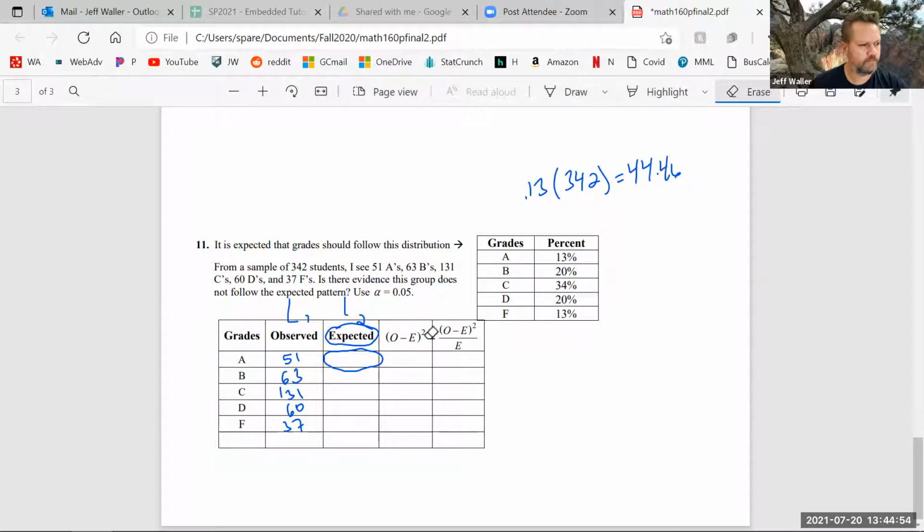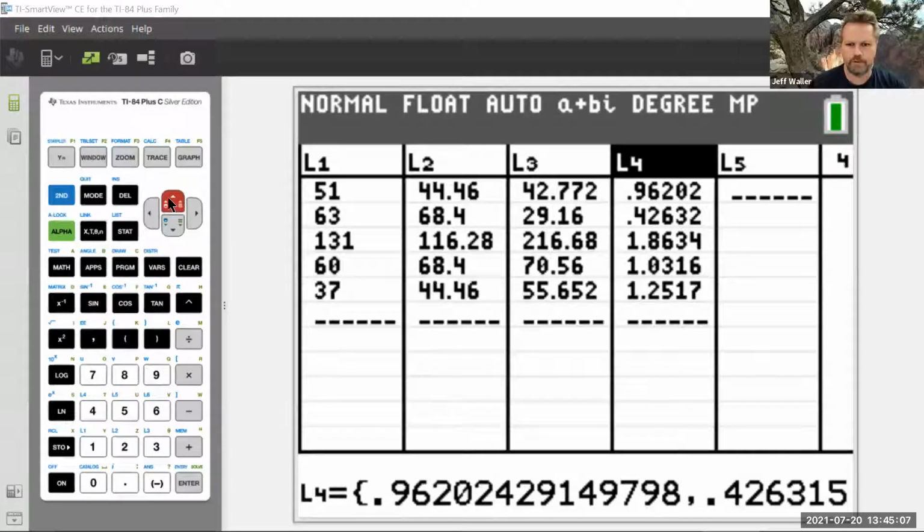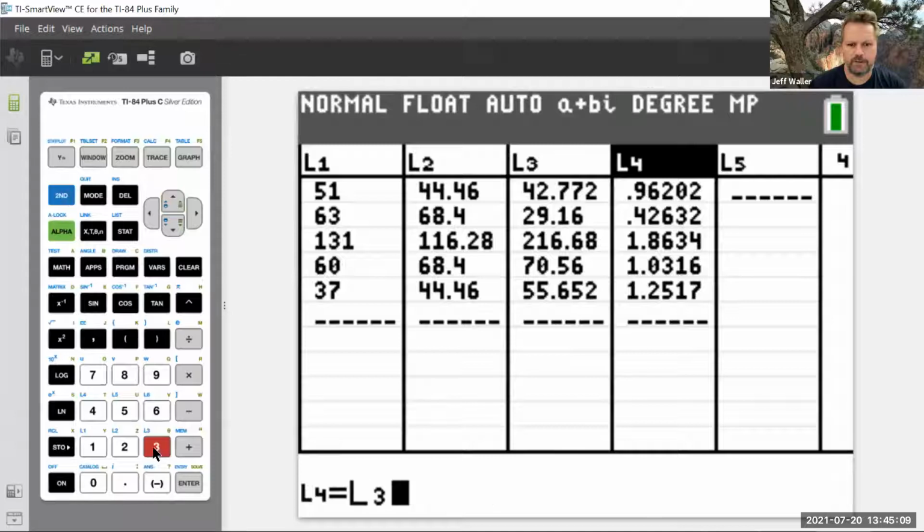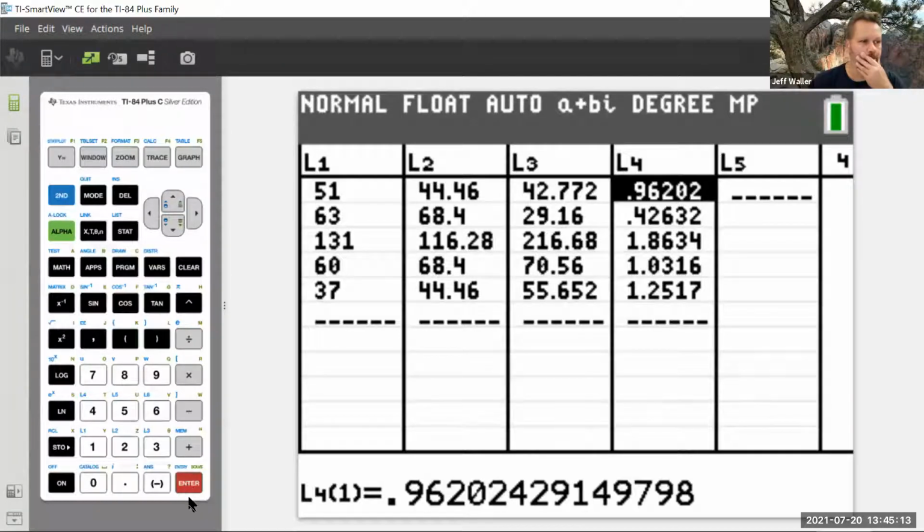Oh, that's right. And then the fourth one, I just need to divide L3 by L2. Yeah. So up here again, I can do L3 divided by L2. Bam.